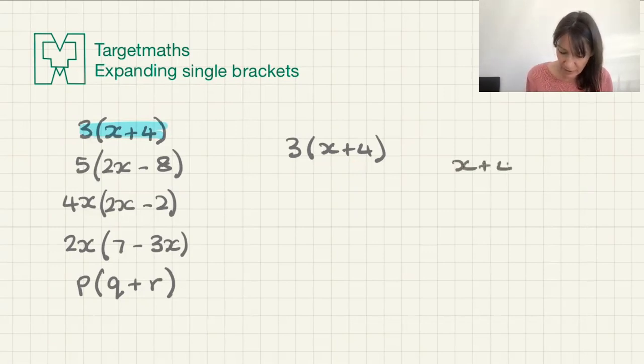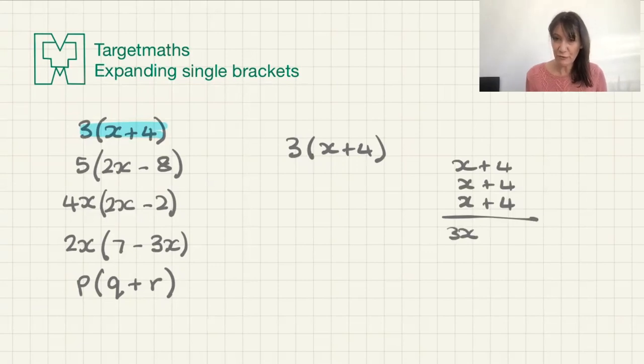I've got 1 lot, 2 lots, 3 lots. In total, I've got 1, 2, 3 x's. And in total, as far as the numbers go, I've got 4 plus another 4, which is 8, plus another 4, which is 12. And that is the expanded version.